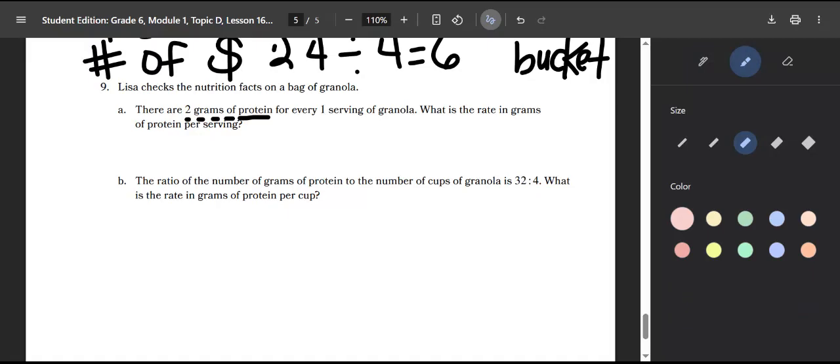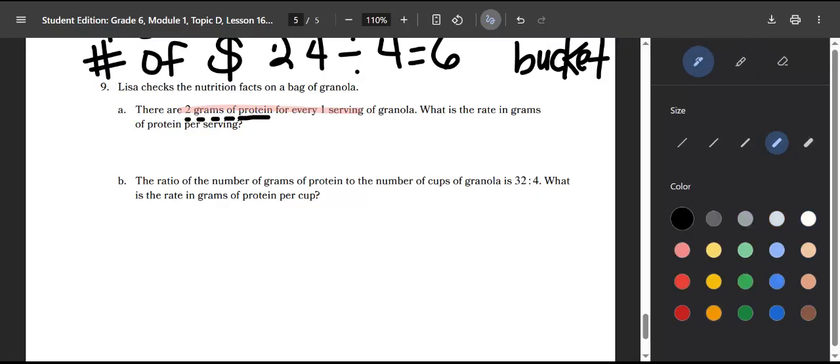Let me see if I can highlight that. That'll be better. 2 grams of protein for every 1 serving. So there we go. There's our grams of protein per serving. Well, that was easy. They just gave you the answer.